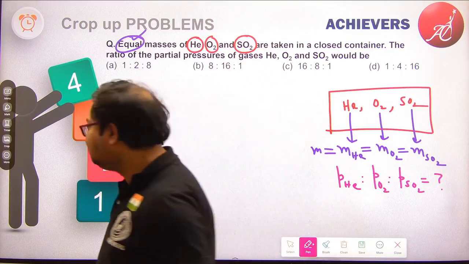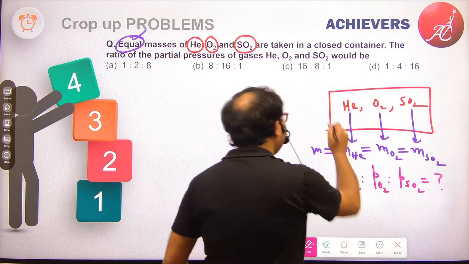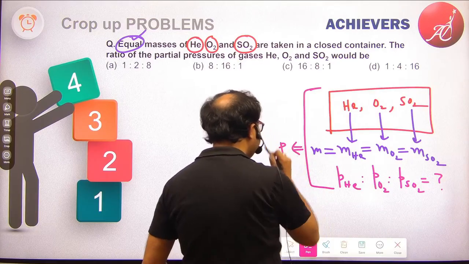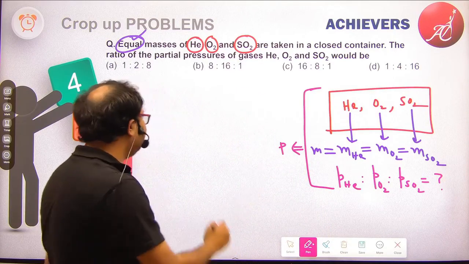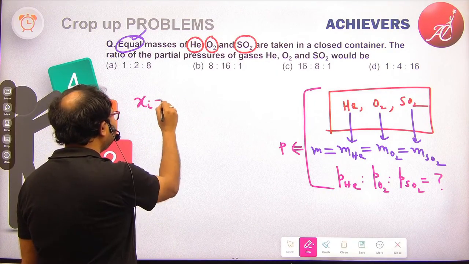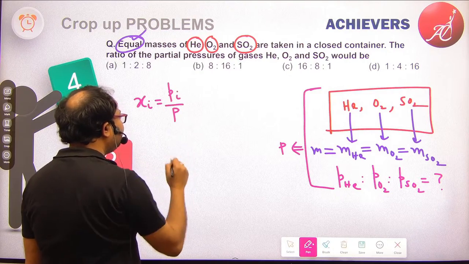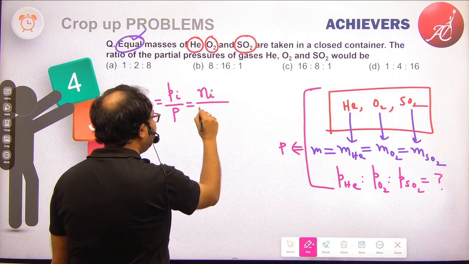How to do that? Let us suppose the total pressure to be P. So we know that the mole fraction of i is Pi by total pressure, which is Ni by summation over Ni.